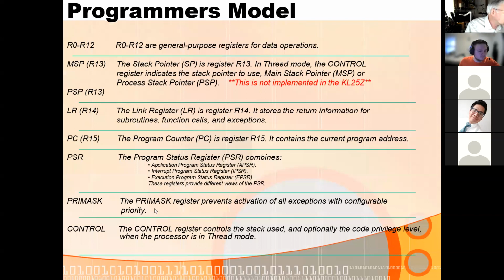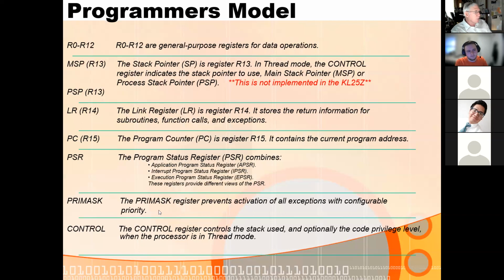And then this primary mask is a way to turn off some of the interrupts and some of the exceptions. So this chip does have, if you're running an OS, the ability to trap for things like divide by 0 and doing non-aligned memory stores and writes, where you're trying to write a word, but it's not aligned on 0, 4, 8, or C addresses.